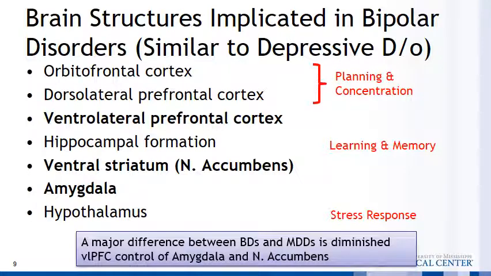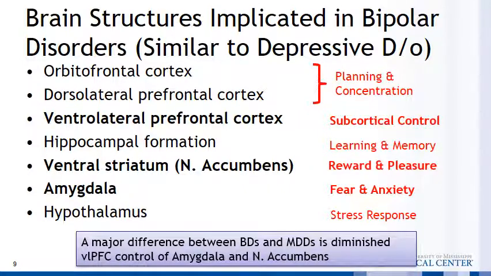The brain structures and associated functions implicated in the bipolar disorders are similar to those of the depressive disorders. However, one major difference between bipolar and depressive disorders seems to be a diminished ability of the ventrolateral prefrontal cortex to control the activity of the amygdala and nucleus accumbens, leading to more pronounced effects on hedonic drive and anxiety.